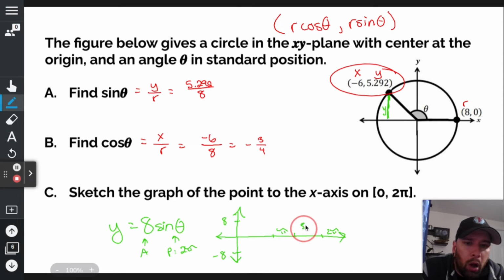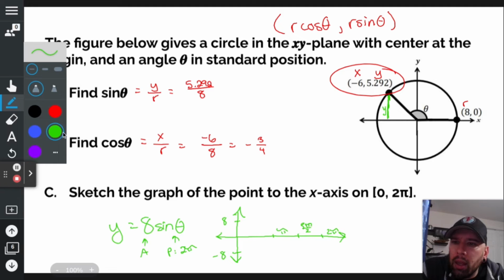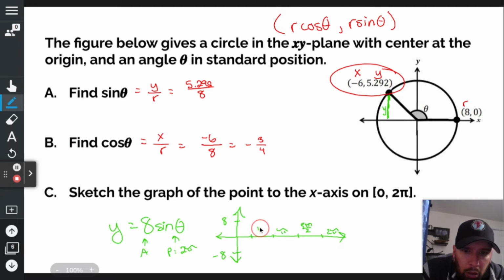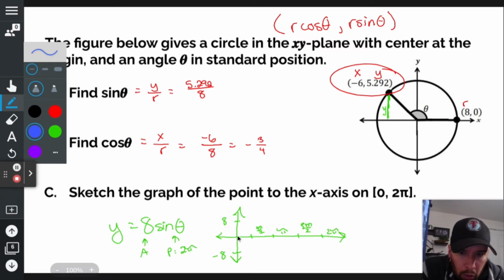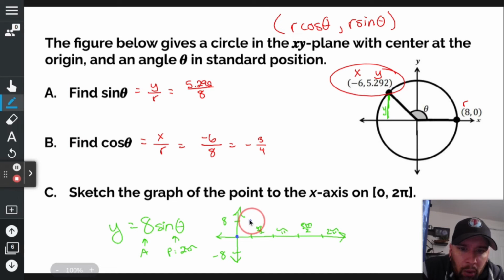We always have 3 pi over 2. Let's scooch this over just a teensy bit because my graph could be a little bit better. And then this is regular pi over 2. Sine starts at 0, 0, peaks out at the top of its amplitude, hits the x-axis again at pi, bottoms out at negative 8, and repeats the process at 2 pi.